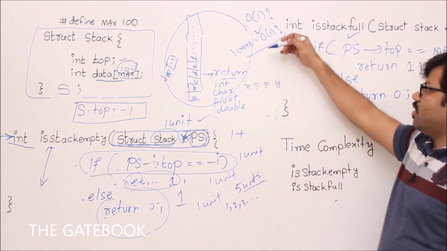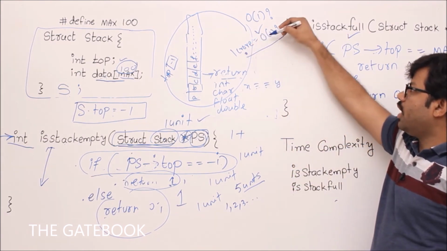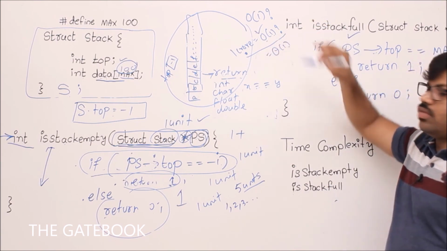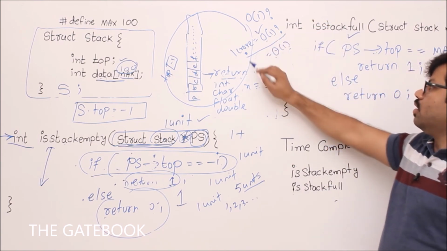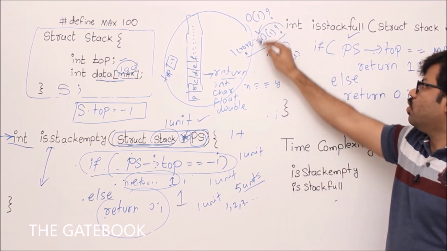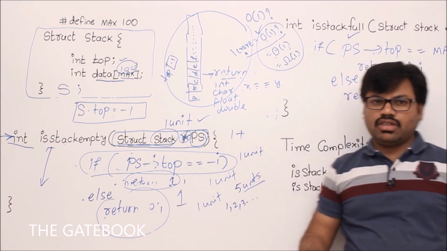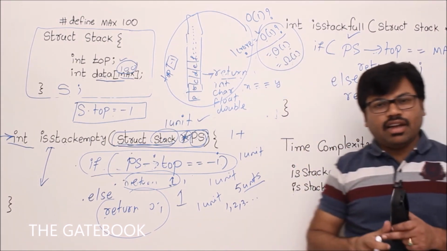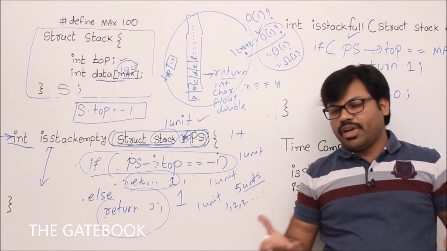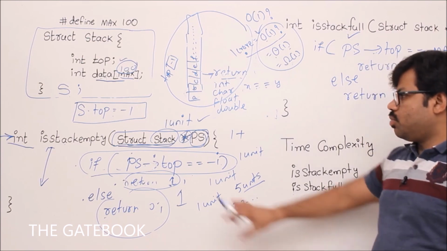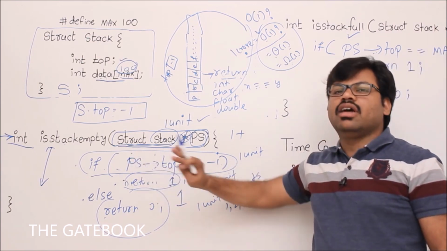From now onwards, whenever I see a constant, I write order of 1. Second thing, this is theta of 1 also. 1 crore is theta of 1. That 1 crore is omega of 1 also. To understand that, please go through the order, omega, theta notations. At this moment, from now onwards, whenever I see a constant, I write order of 1, otherwise omega of 1, otherwise theta of 1. All are true. Understand? Now this method's time complexity is order of 1.